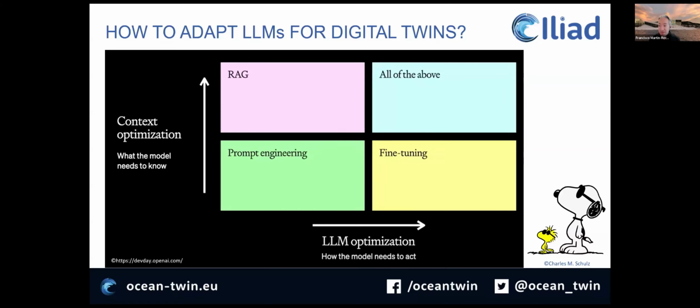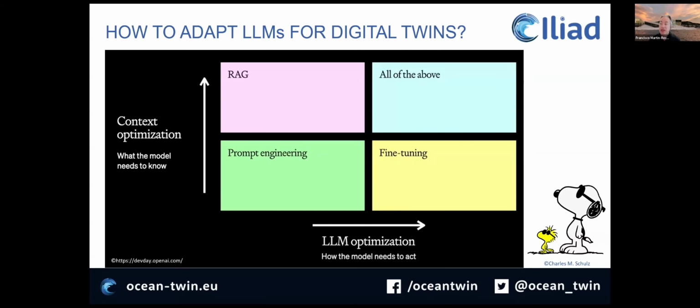After applying different prompt engineering techniques, which I will not cover in this short webinar, if you are not fully satisfied, there are two considerations you can make. The first is that the model needs more context.